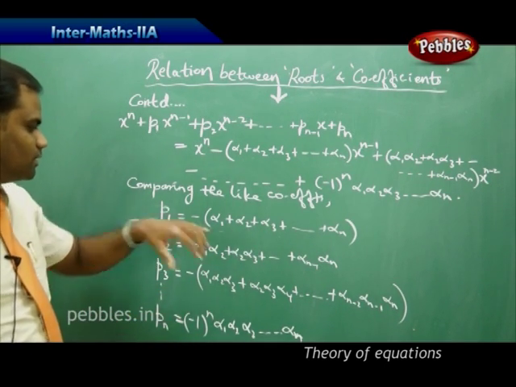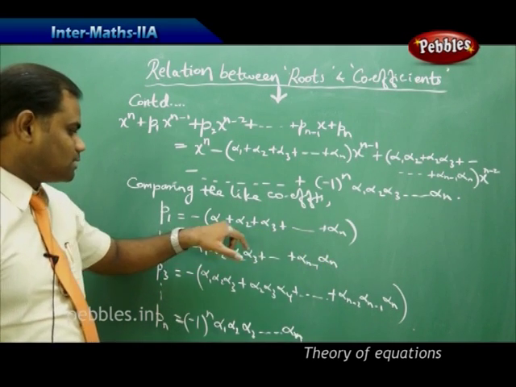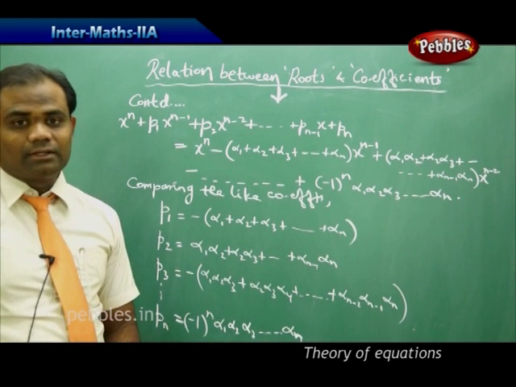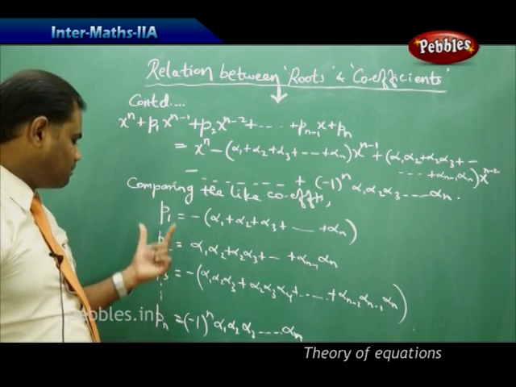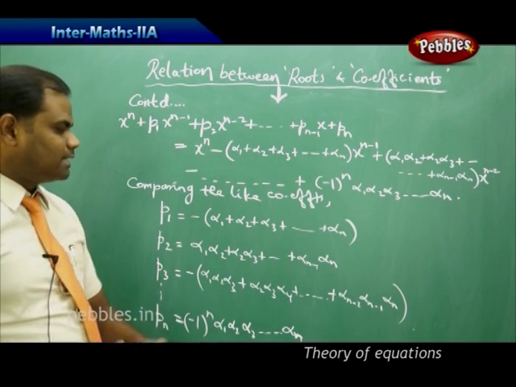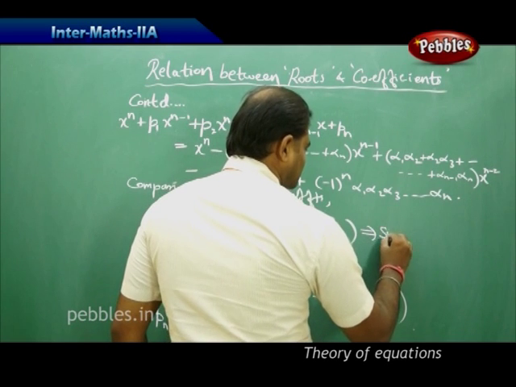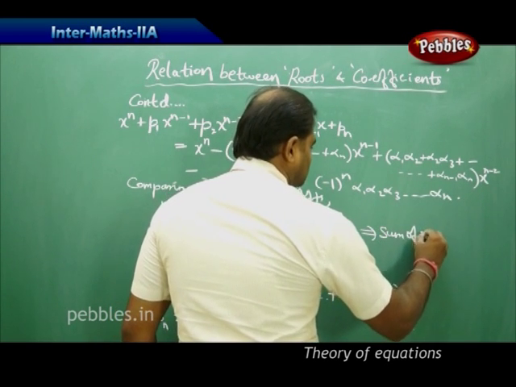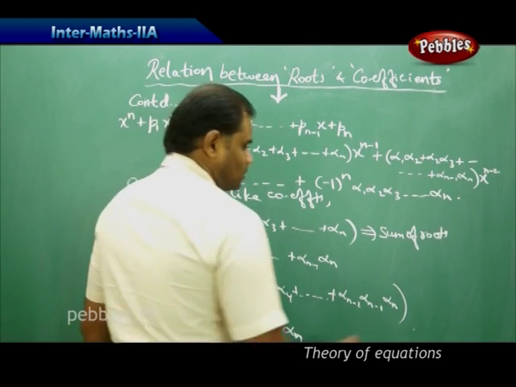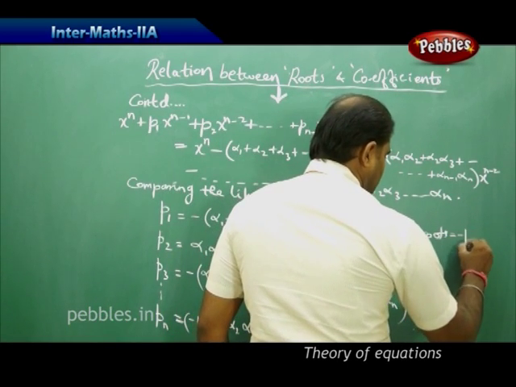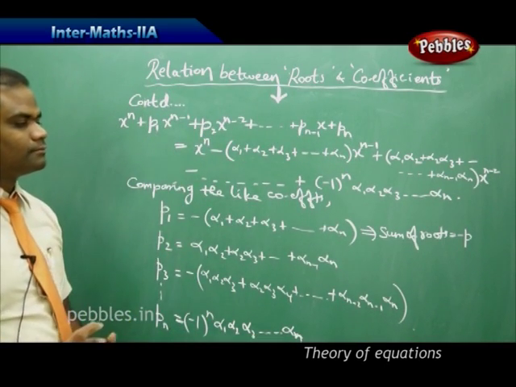As I see here with the first case, it is clearly the sum of roots, which is alpha 1, alpha 2 till alpha n, which gives me the relation. So as I compare P1, P2, P3, and Pn, I see that my sum of roots, whatever the roots of the given polynomial, is always the negative of the coefficient of x power n minus 1.